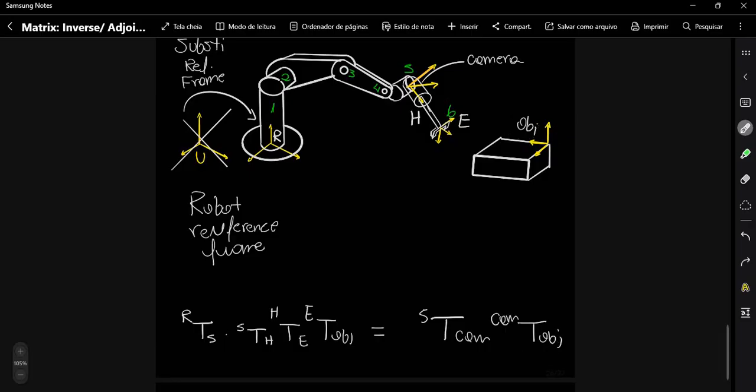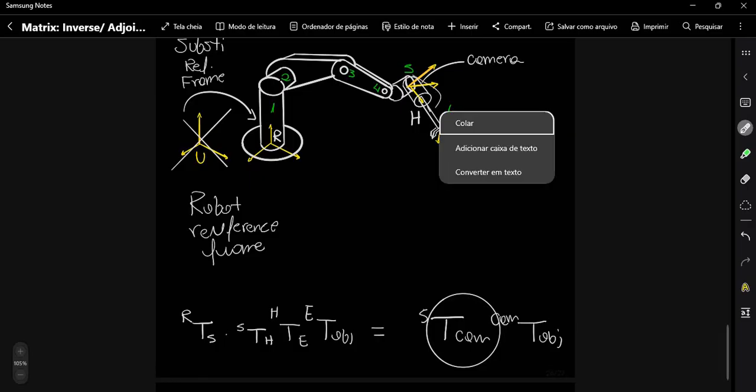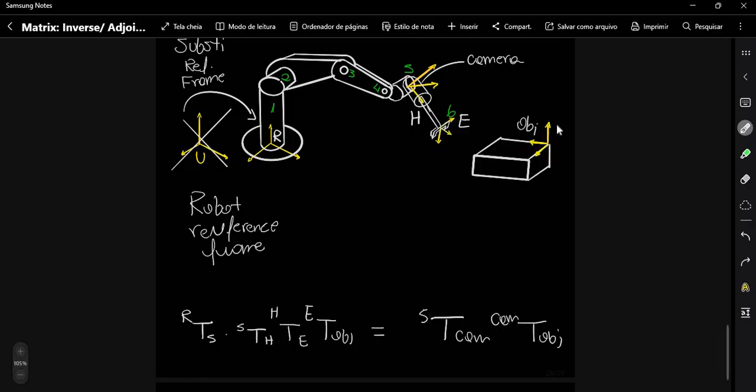We are writing a transformation of the camera in relation to the fifth link, and a transformation of the fifth link in relation to the frame R, which is the frame for reference now.